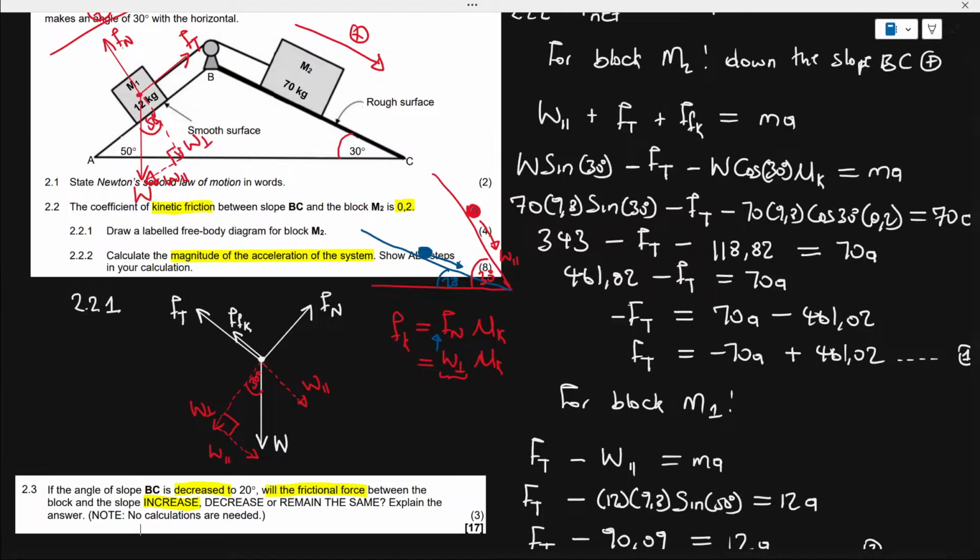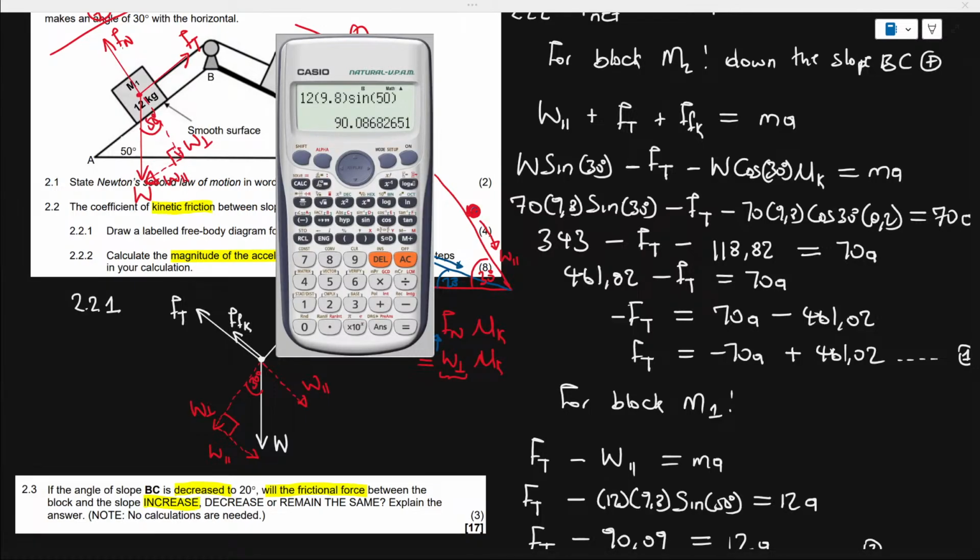And you can even prove this mathematically. Remember that we said the perpendicular component of the weight can be given by 70 multiplied by 9.8 multiplied by the cosine, and initially the angle was 30 degrees.